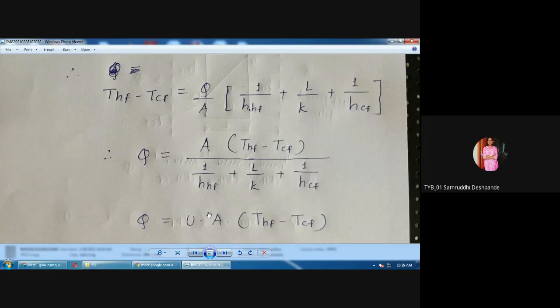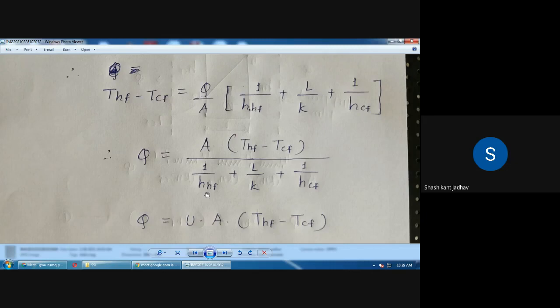1 upon, in bracket, 1 upon HHF plus 1 upon HCF plus L by K. Looking at both equations, the first equation Q is equal to A into THF minus TCF, that term is also present in the second equation, A into THF minus TCF.